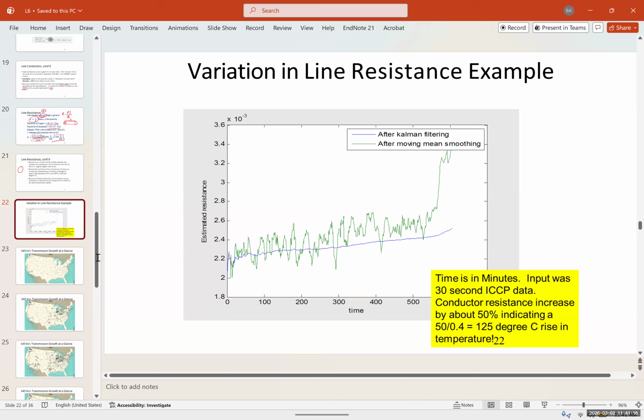Now, this is the variation in line resistance, and you can see by time and by temperature how it's going to affect the system. The green one is after moving mean smoothing, and the blue one is after Kalman filter. The time is in minutes. Input was 30-second ICCP data. Conductor resistance increased by 50%, indicating a 50 divided by 0.4, so 125 degrees Celsius rise in temperature.